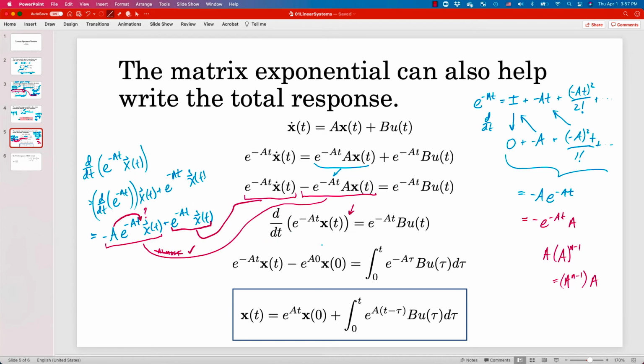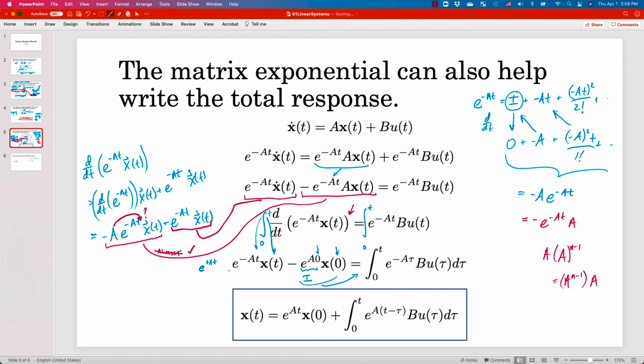So if I integrate the left and I integrate the right from, say, 0 to little t, then the fundamental theorem of calculus says I can evaluate this at the upper endpoint minus the lower endpoint, and e to the A0, well, that's going to be e to the 0 matrix, and e to the 0 matrix is just identity. All right, so the last thing to do is to move this term to the right-hand side, and then multiply both sides on the left by e to the positive At.